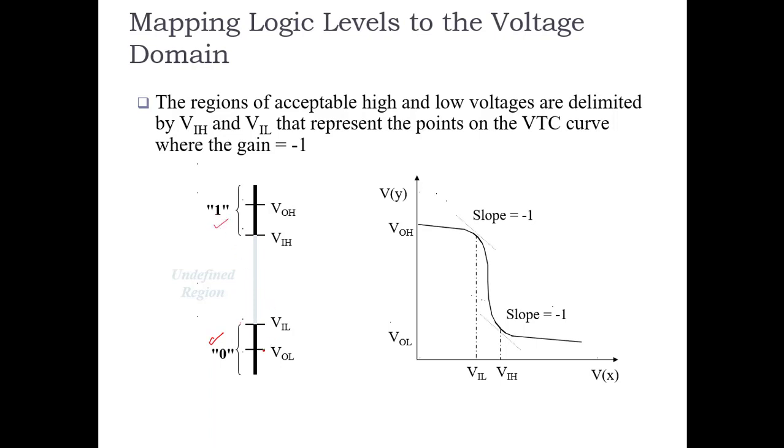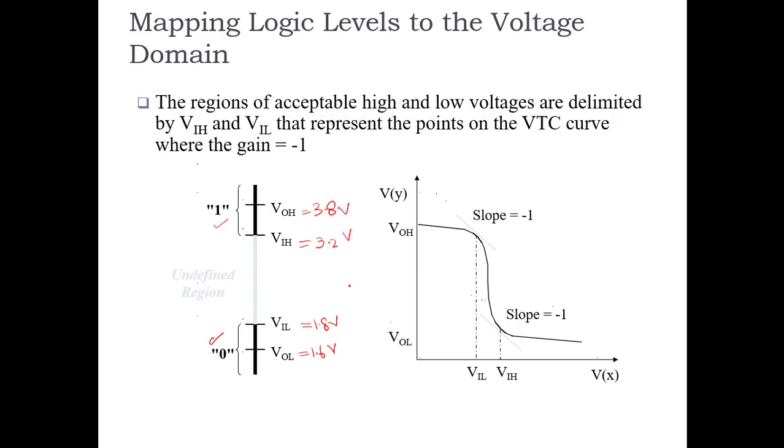And you see that VIL is higher than VOL. For example, VOL is 1.6 volts and VIL may be 1.8 volts, and VIH is, for example, 3.2 and VOH is 3.8 volts.